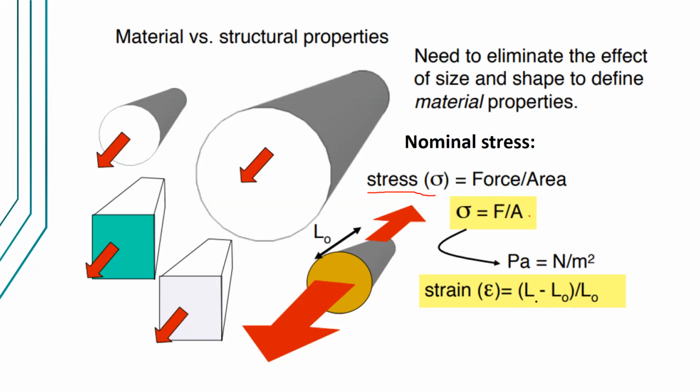Get the difference between that and the original length and divide it by the original length. We call that strain, and we are going to use the symbol epsilon for strain. As you can see here, strain is dimensionless or unitless, because both the numerator and the denominator have dimensions of length, so they just cancel out.